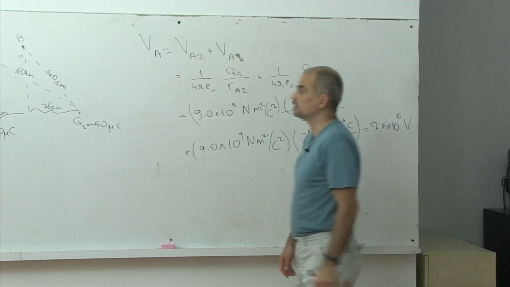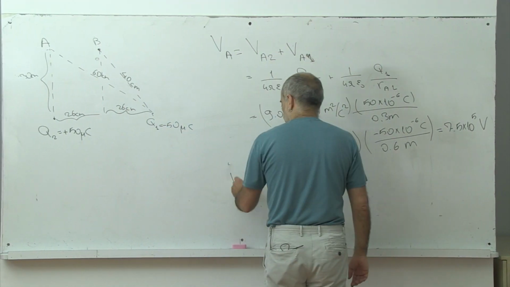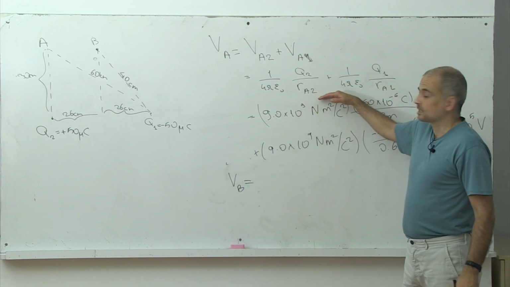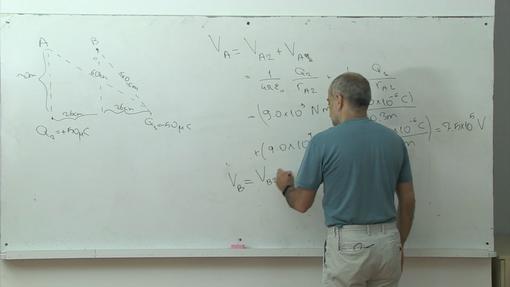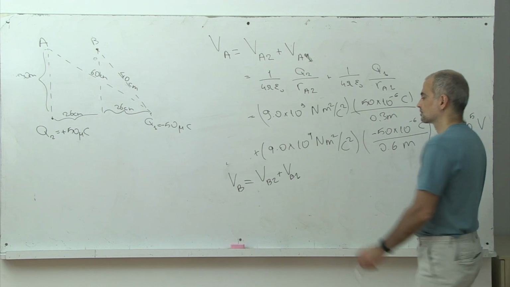Now let's look at the point B. What is the voltage of the point B? Well, the expression is similar. It's the sum of the voltages created by each one of the charges separately.